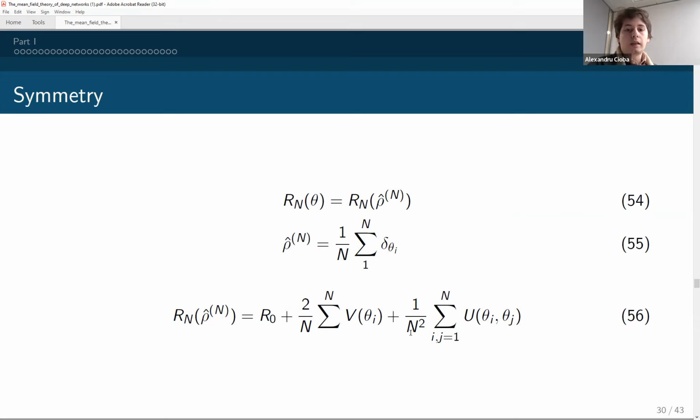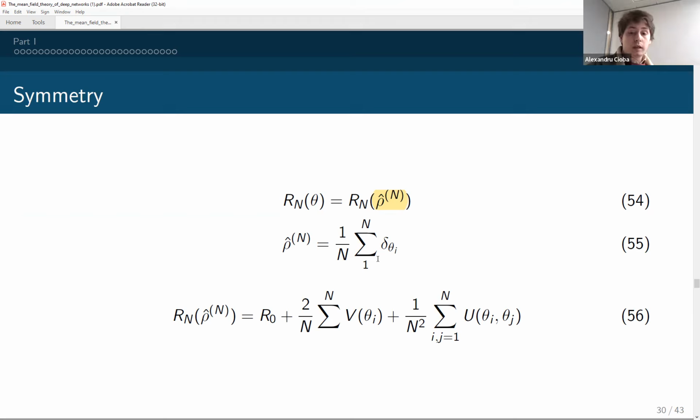Which is to say that even though the risk is written in terms of theta, it only really depends on the empirical distribution of the theta weights, the empirical distribution obviously being an average of delta functions over individual thetas.